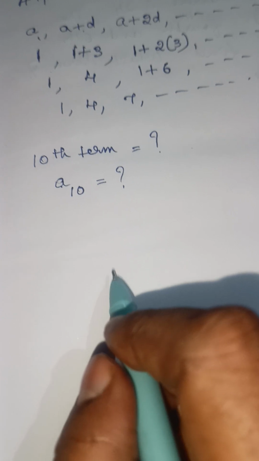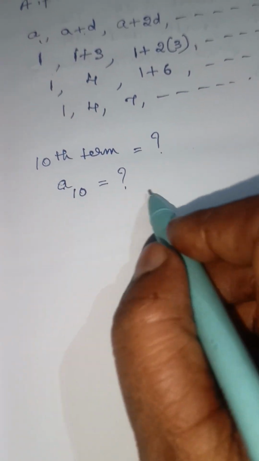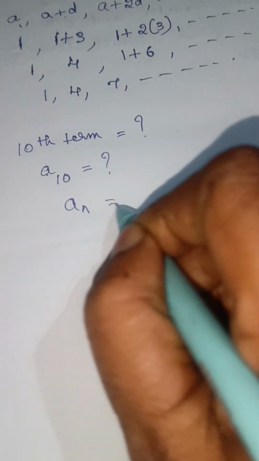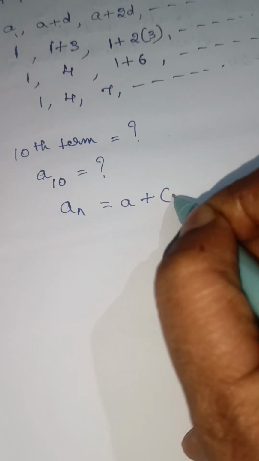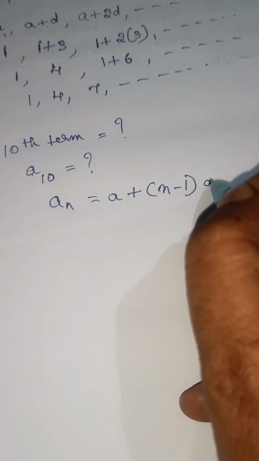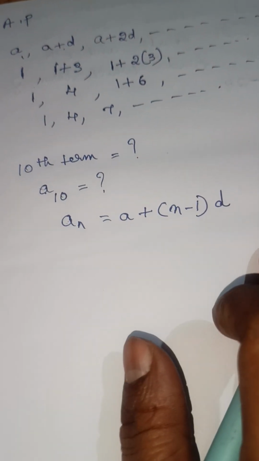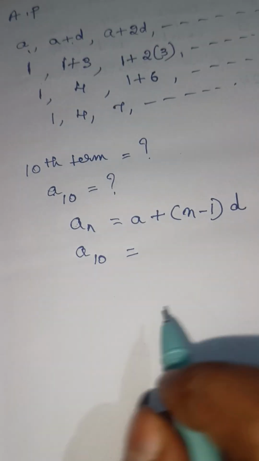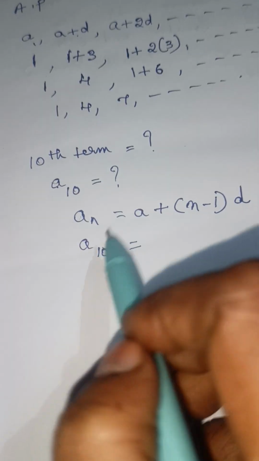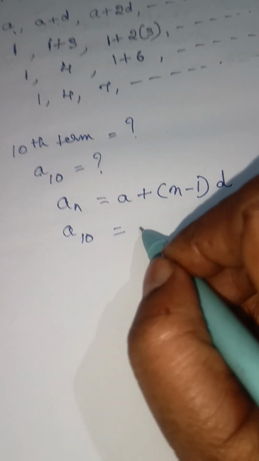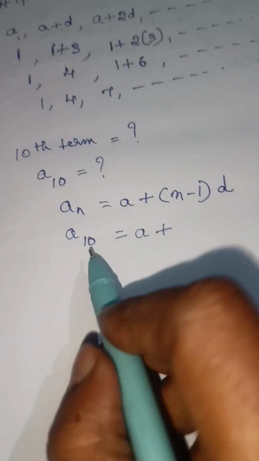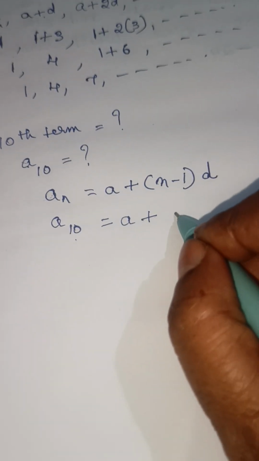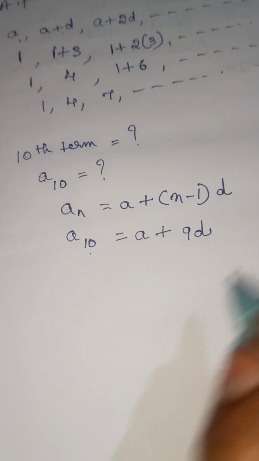So the formula you can use is the nth term formula, an is equal to a plus n minus 1 of d. You can write the formula first to be on the safer side so that you don't lose marks. Then to find the 10th term, you have the shortcut which I have already told you. A plus, for 10, it is 1 less, 9d.